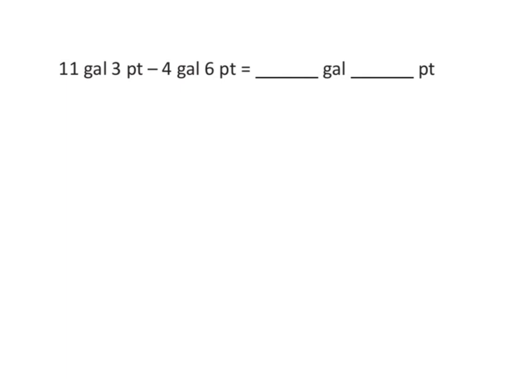All right, 11 gallons, 3 pints, take away 4 gallons and 6 pints equals how many gallons and how many pints? So let's group the things that we can together. Well, I see 11 gallons and I see 4 gallons. And 11 minus 4 is 7 gallons. Now, look at the 3 pints and the 6 pints. I cannot take away from a small amount.